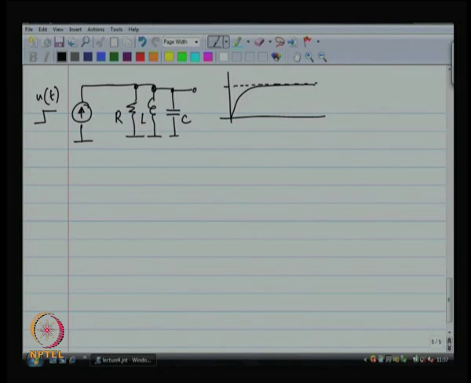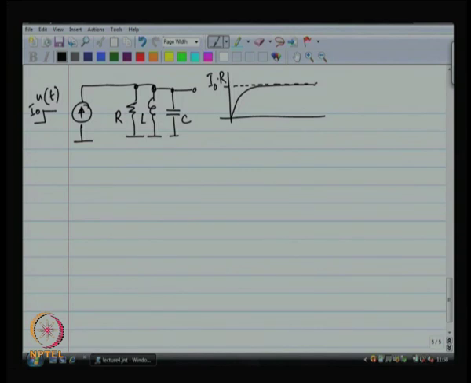Is this okay? So, this is what is going to happen if it was just an RC, and now we have what is this value going to be? Now, on top of it we also have an inductor.